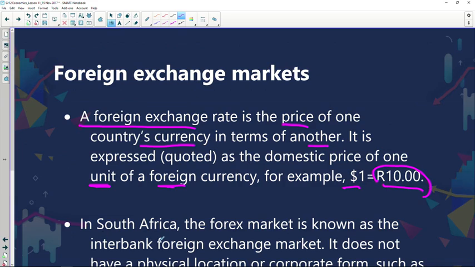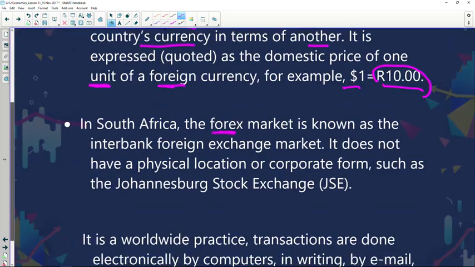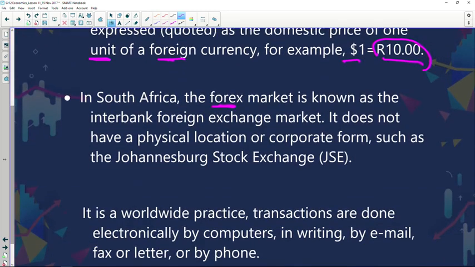So in South Africa, the forex market, here's the word forex, we'll come back to that because we've been hearing a lot around forex trading. So in South Africa, the forex market is known as the interbank foreign market or exchange market. It does not have a physical location or a corporate form such as the Johannesburg Stock Exchange.